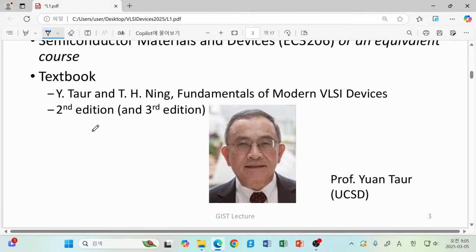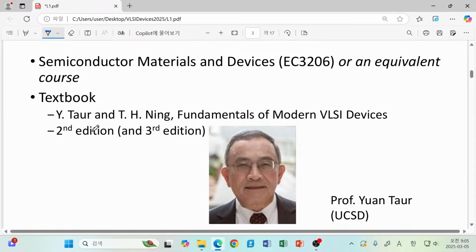This is not the very first course for semiconductor devices. This is the second one, and that's the reason why we need the prerequisite. If you cannot understand the basic stuff in this course, then please stop learning this course.